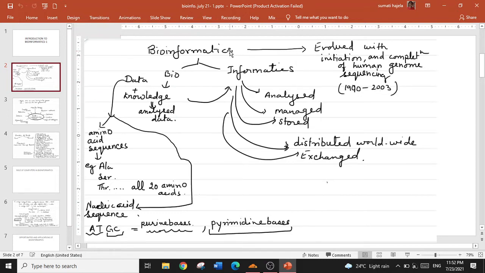The science of bioinformatics, along with computer science and information technology, all evolved together with the initiation and completion of the human genome sequencing project.